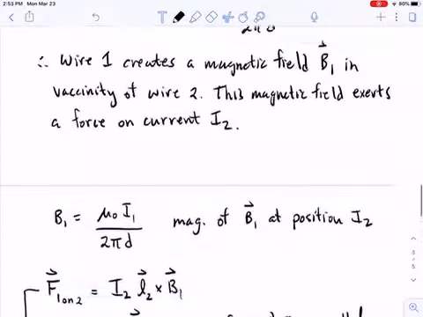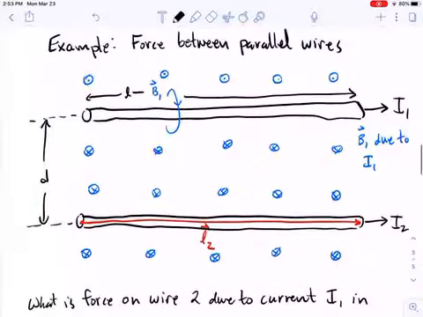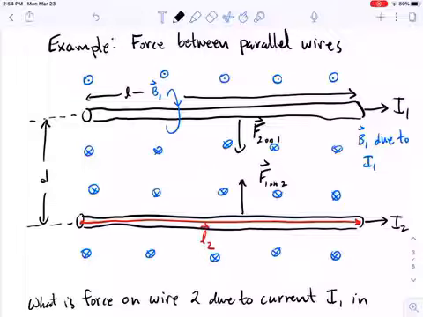So, for example, if there are parallel currents as we've drawn, then the force on 2 due to 1, F1 on 2, is an upwards force, attractive, and then the force of 2 on 1 is also attractive, but in order to attract current I1 to current I2, the force has to reverse its direction, as required by Newton's third law of equal and opposite action-reaction forces.